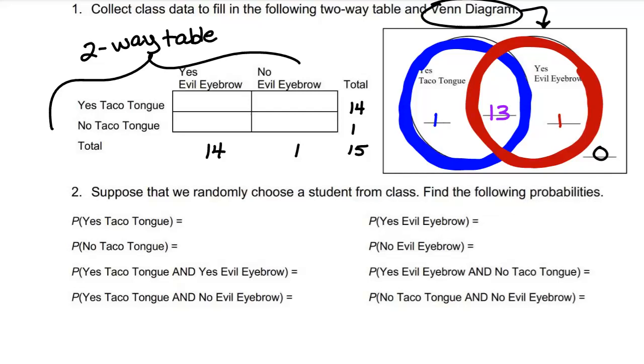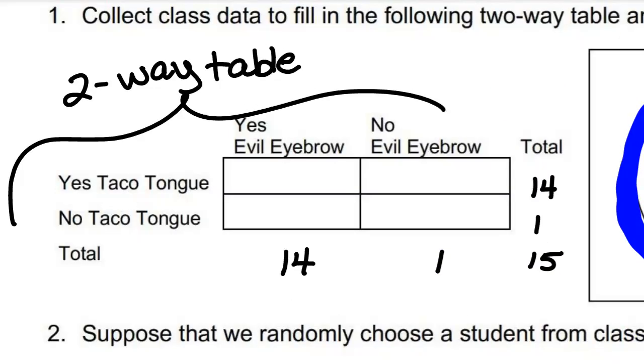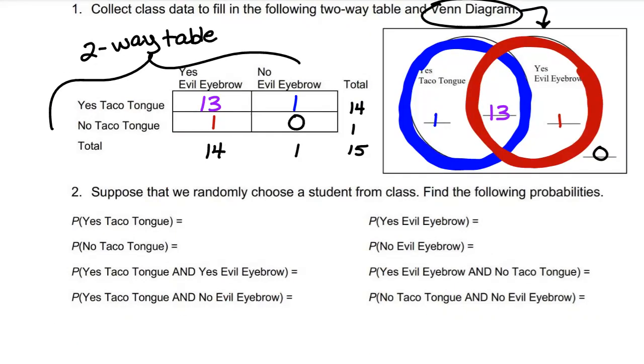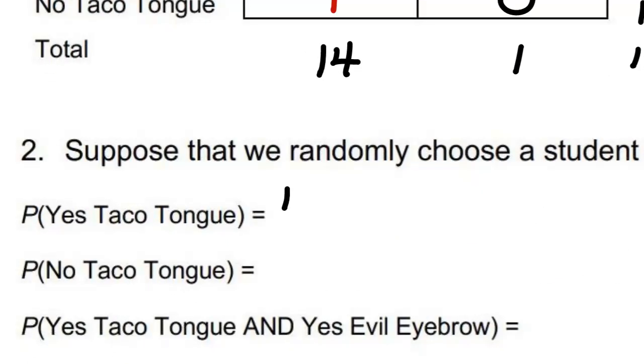It didn't grab all my numbers. Okay, time to fill it in again. 13, 1, 1, and 0. There we go. We have 14 out of 15 that can say yes to Taco Tongue.